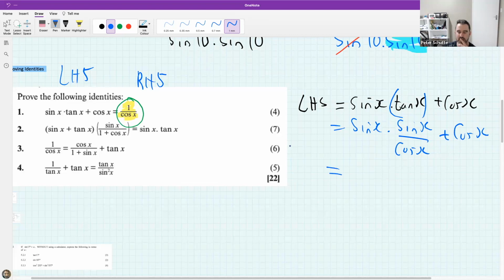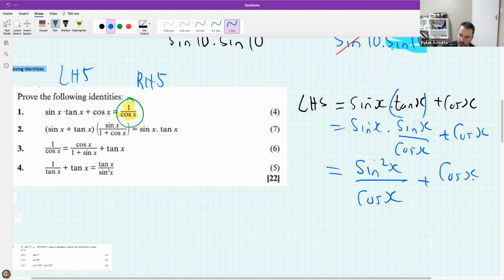So now, what would my next step be? Any ideas? It was really the only thing I could do, but I'm still a bit stuck. Denominator. Yes. Well, I was thinking if I multiply these two together, I get that. So at least it looks a bit neater.